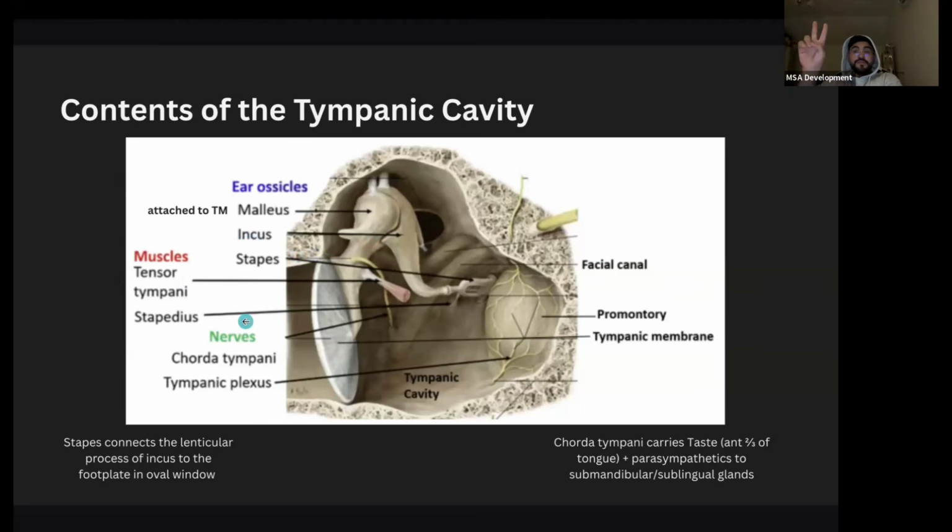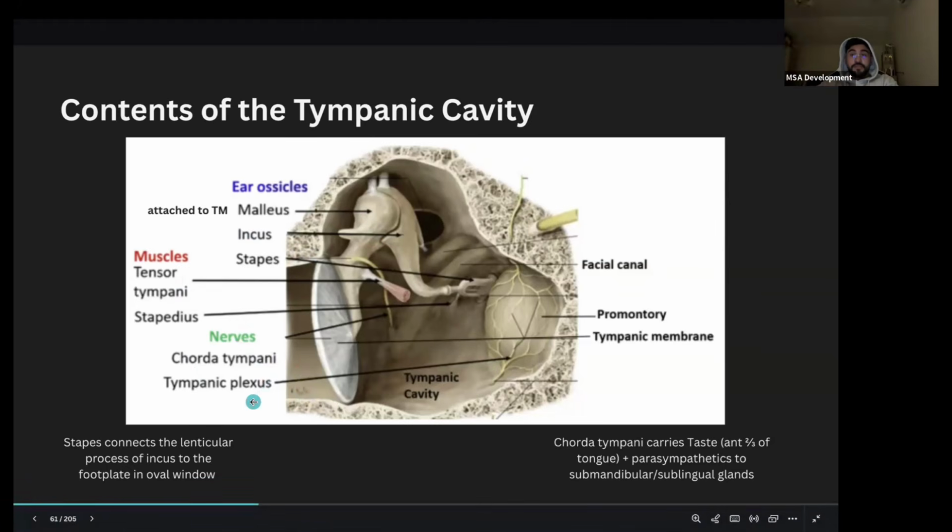And then we have two muscles that are found within the tympanic cavity. We have the tensor tympani and we have the stapedius muscle. Okay. And then we have two nerves that also run in the tympanic cavity. You have the chorda tympani and you have the tympanic plexus. Okay. Now it's very important that you know the chorda tympani will carry taste innervation.